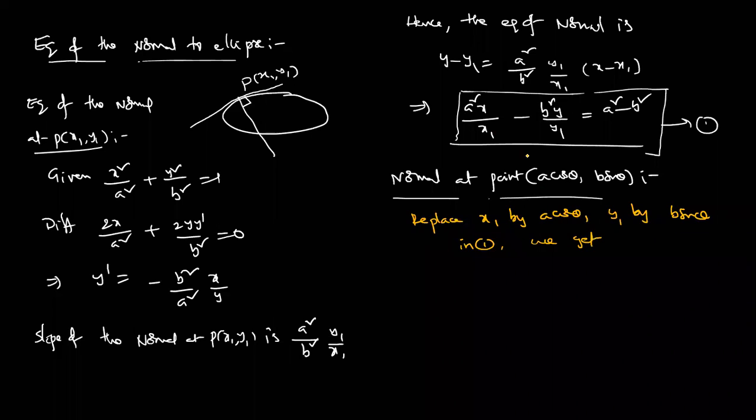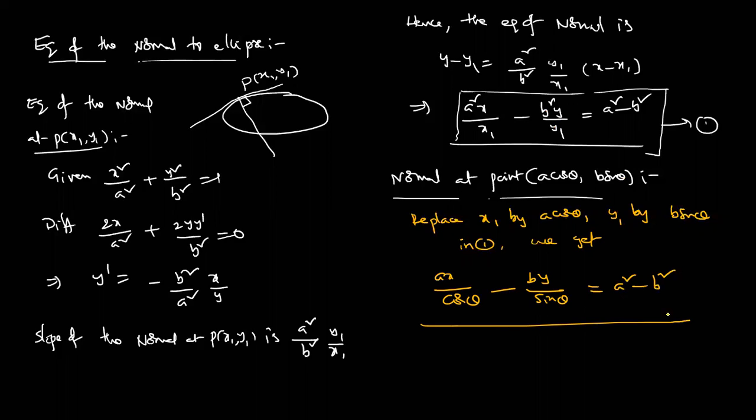With a cos theta, a cancels, so ax by cos theta minus b sin theta, b cancels here, so by by sin theta is equal to a square minus b square. This is the formula, dear students. The equation of the normal in parametric form is ax by cos theta minus by by sin theta is equal to a square minus b square. Right?